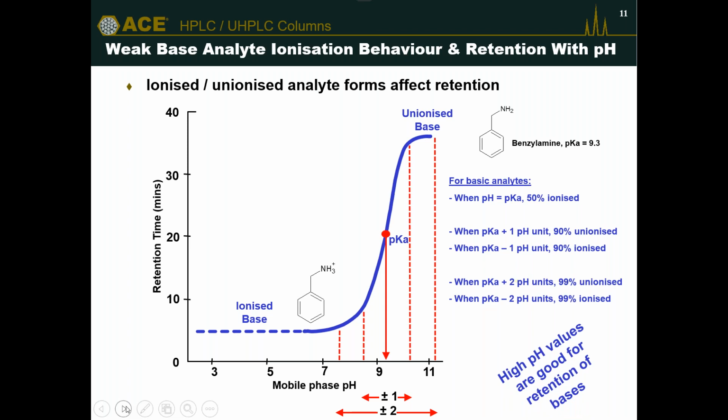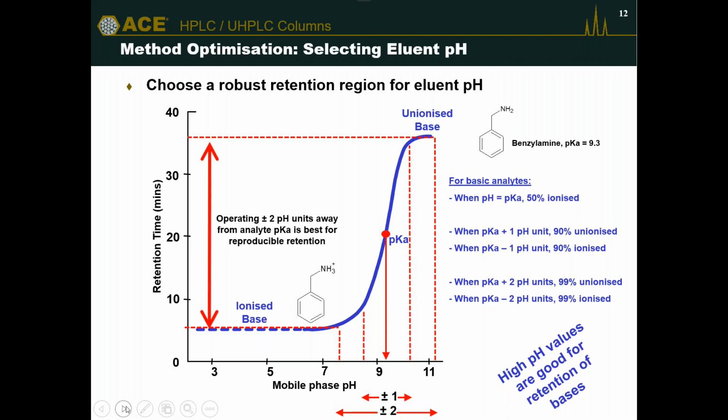So for high pH, it makes sense. We get more retention at higher pH for basic compounds, and we get poor retention at low pH for basic compounds. The opposite's obviously true for our acids.